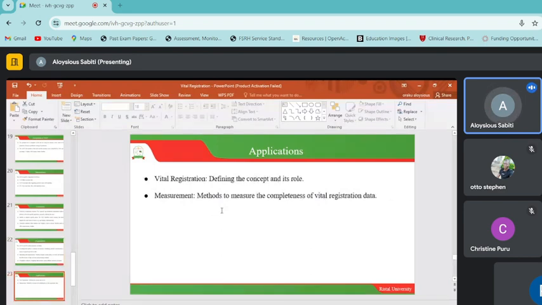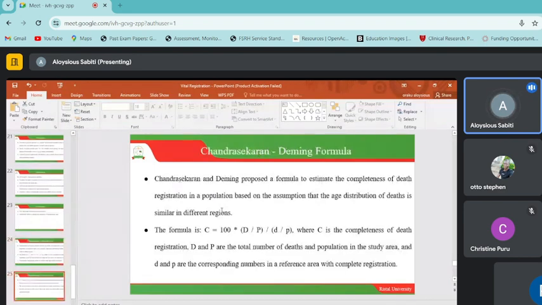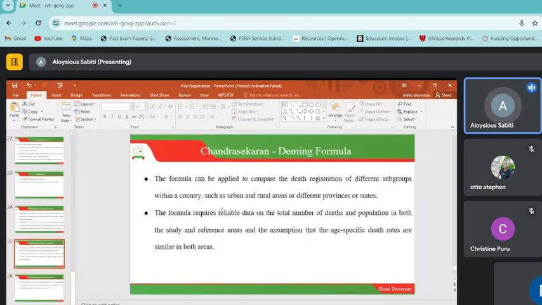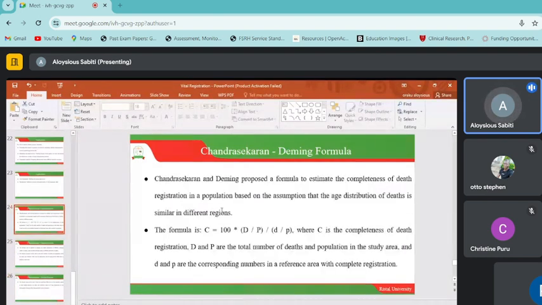So I want us to conclude with what we call the Chandrasekaran and Deming formula. It is a formula to estimate the completeness of birth registration in a population, based on the assumption that the age distribution of births is similar in different regions.